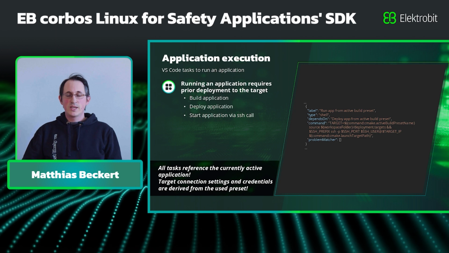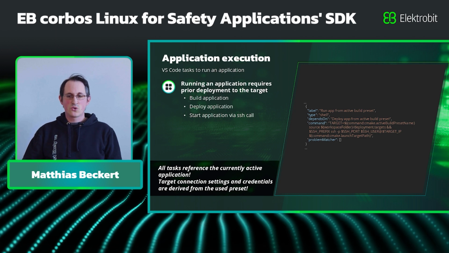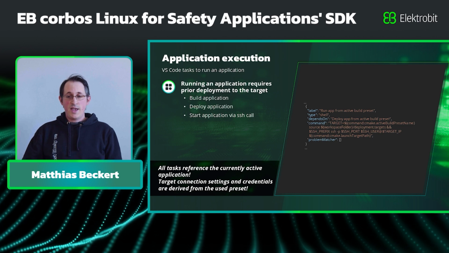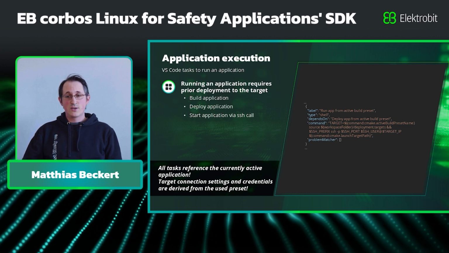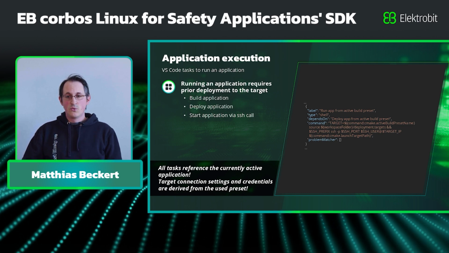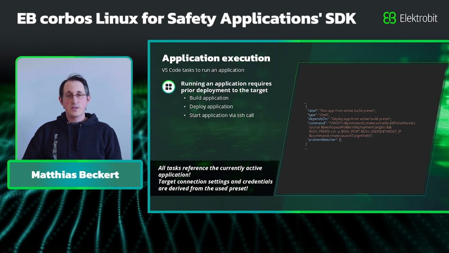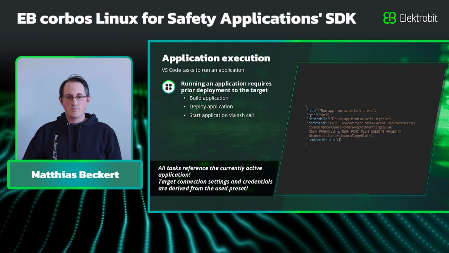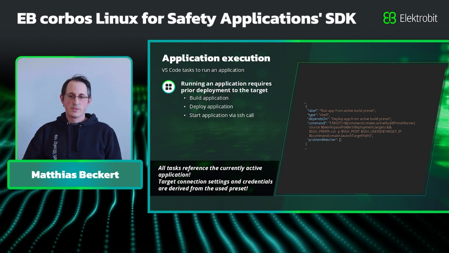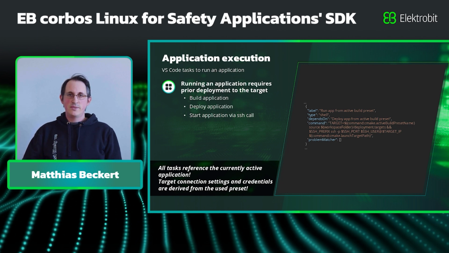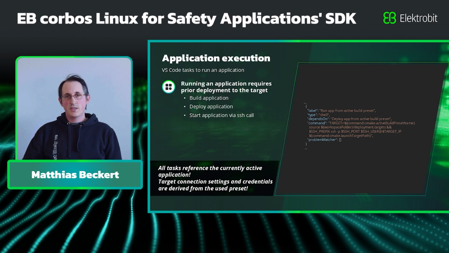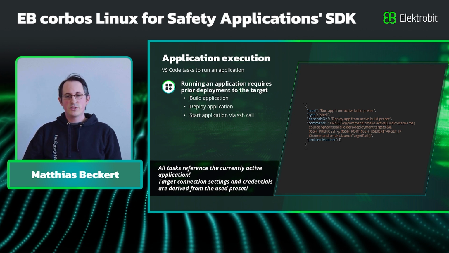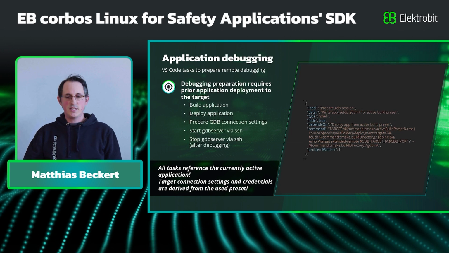And you can see this very sophisticated call here on the right side, where we also have the sourcing of a target file which specifies the connection settings based on the currently active CMake preset. Again, as I said, the target where we deploy the application to is derived from the currently selected CMake preset. This is running an application.